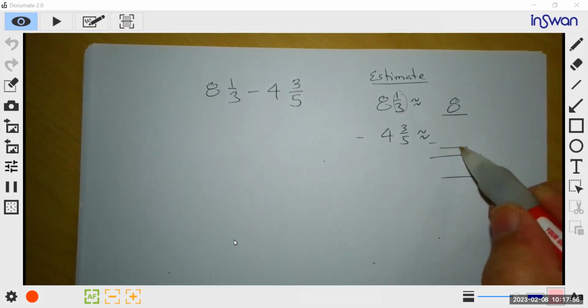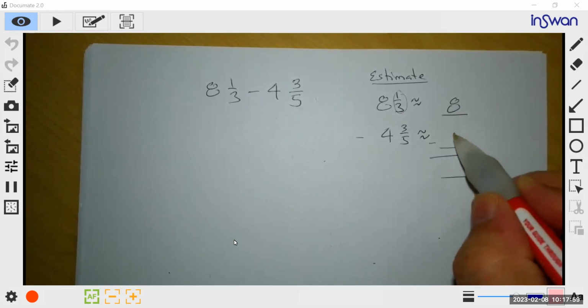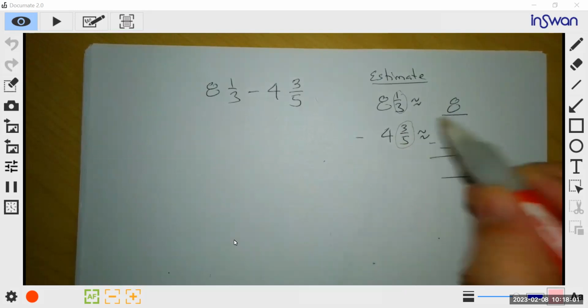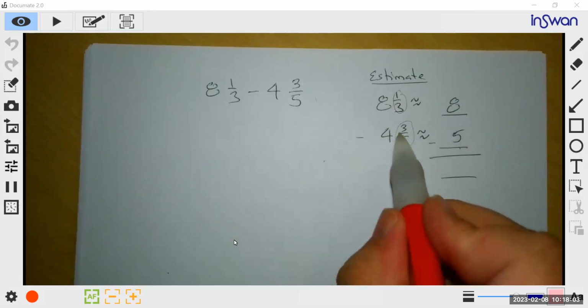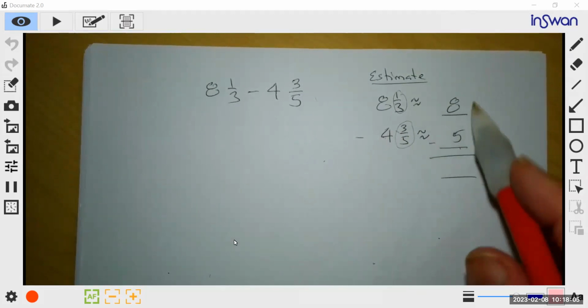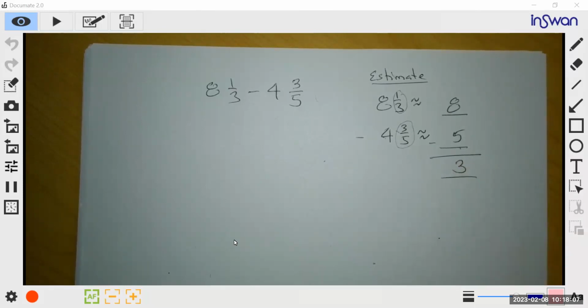What number goes here? Yeah. Because 3/5 is bigger than 0.5. So we add 1 to 4. So 8 minus 5 is 3.